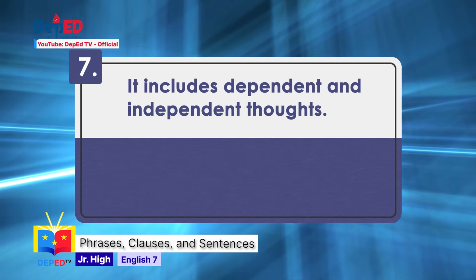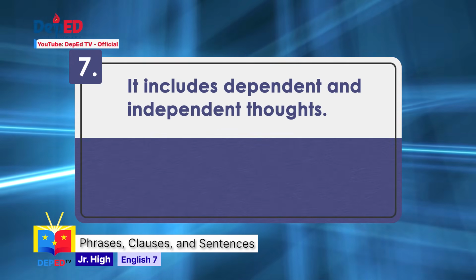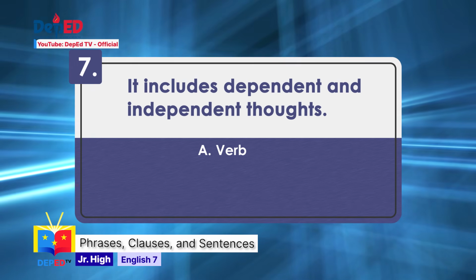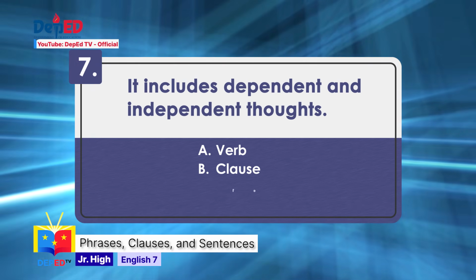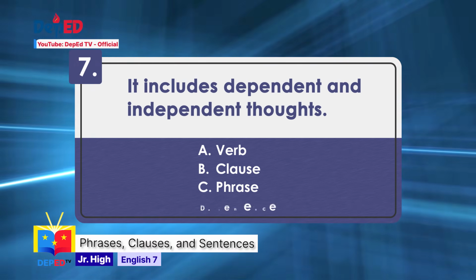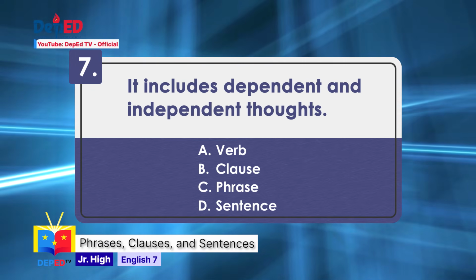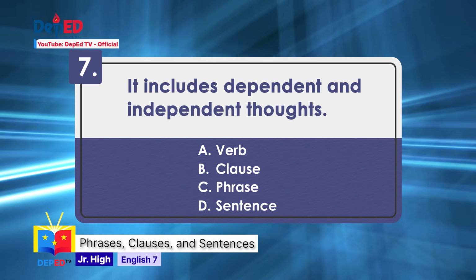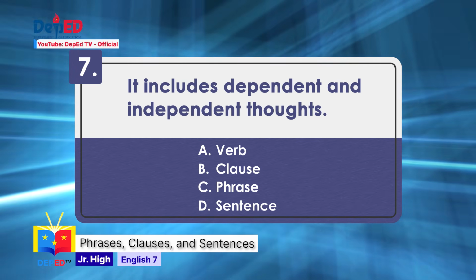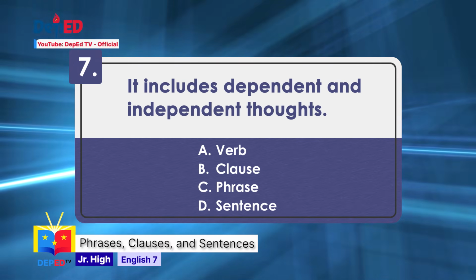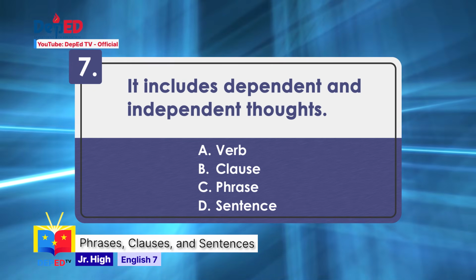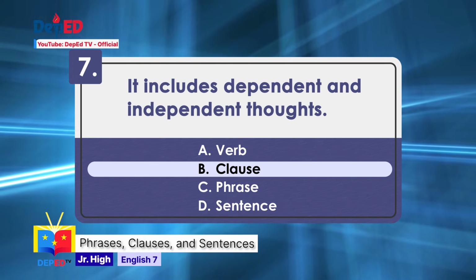It includes dependent and independent thoughts. Choices are letter A, verb, letter B, clause, letter C, phrase, or letter D, sentence. And the answer is letter B, clause.